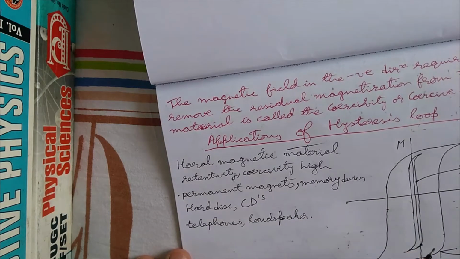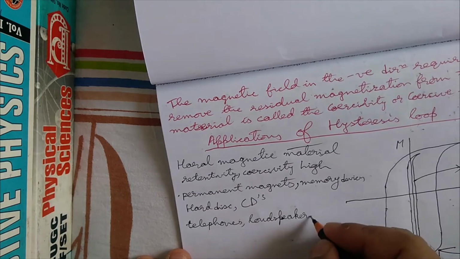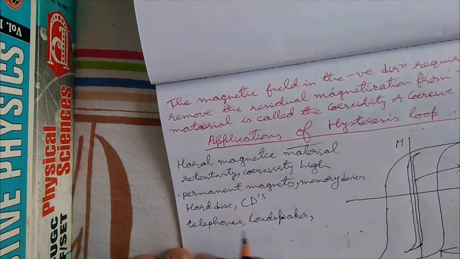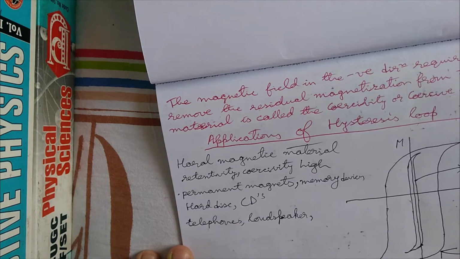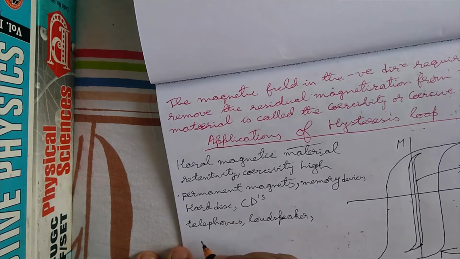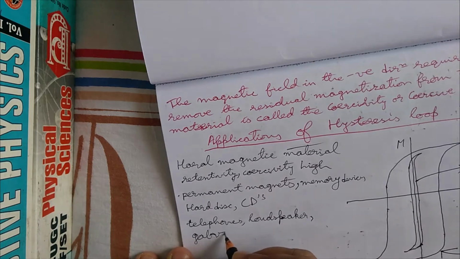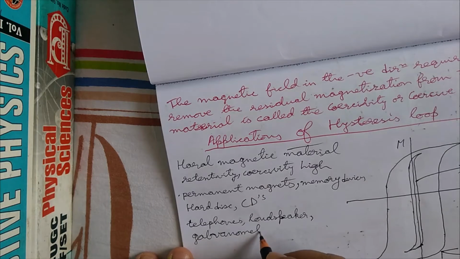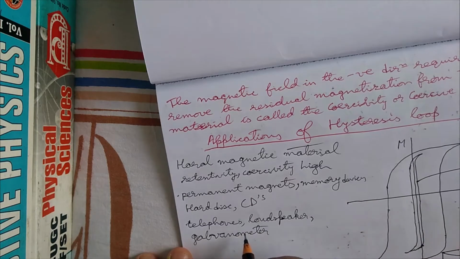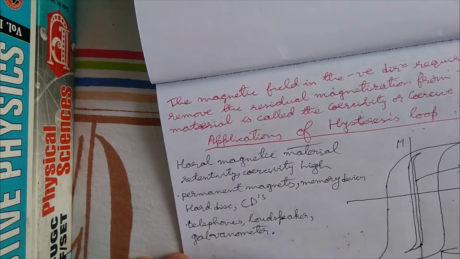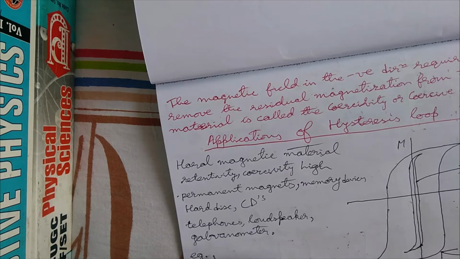They are used in the telephone, loudspeaker, etc. Then there are materials where you need permanent magnets. An example is the galvanometer.